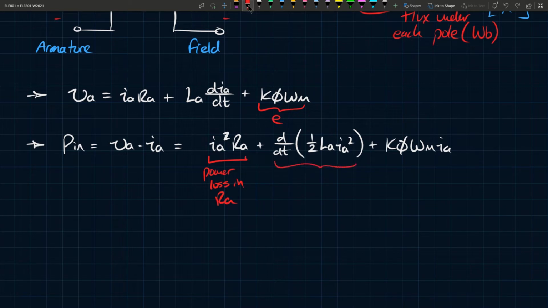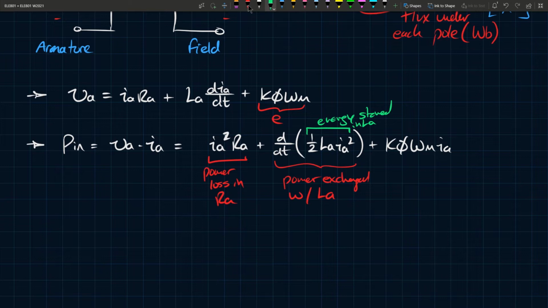And this term is the power exchanged with LA, the energy stored in LA. Because remember, in an inductor you store energy, you don't lose energy.